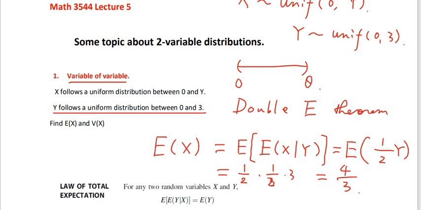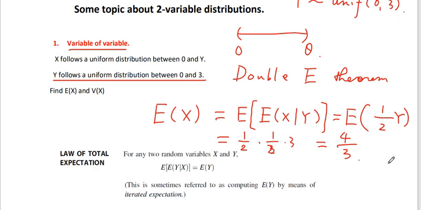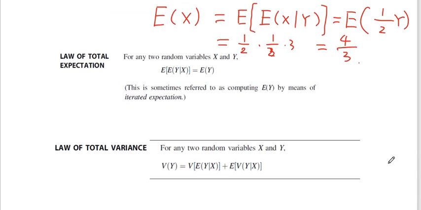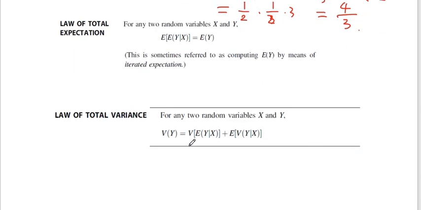So for variance Vx, we call this the law of total variance.